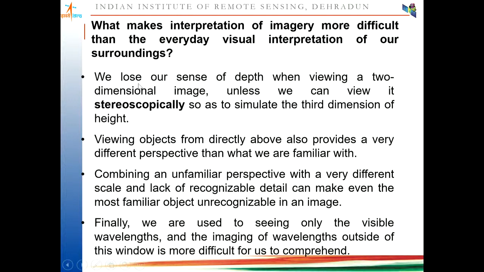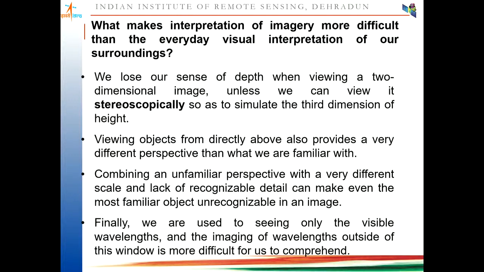To summarize, what happens is that we lose our sense of depth when viewing a two-dimensional image unless we can view it stereoscopically. That means two images with overlapping areas, and then that is used to simulate the third dimension of height. So loss of the third dimension results in confusion in the interpretational activity.